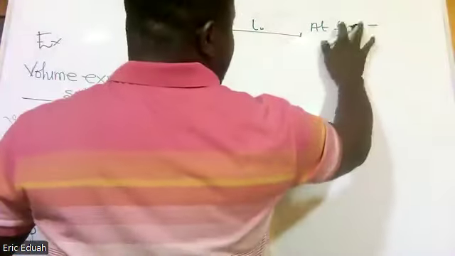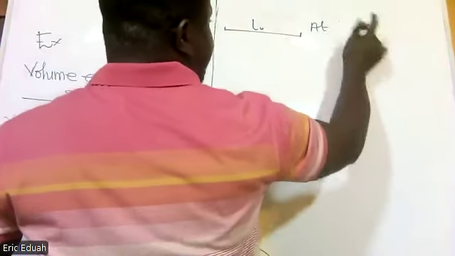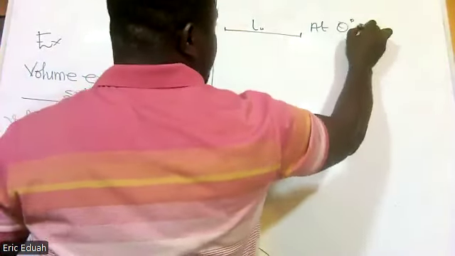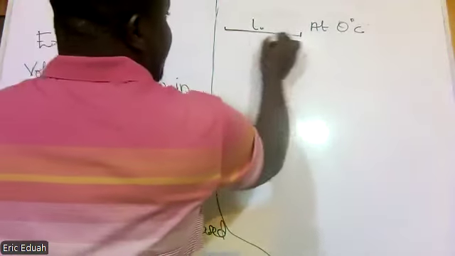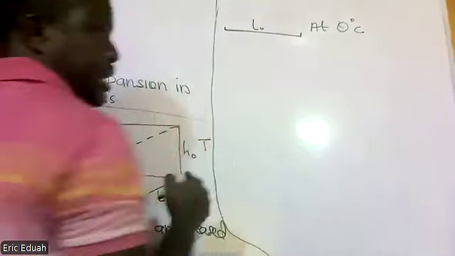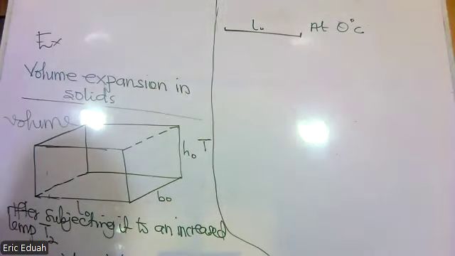So at a temperature of 0 degrees Celsius, when the metal is heated, it goes through expansion.